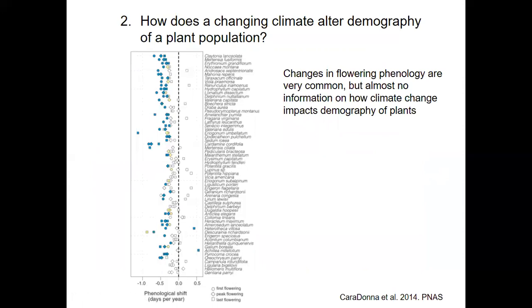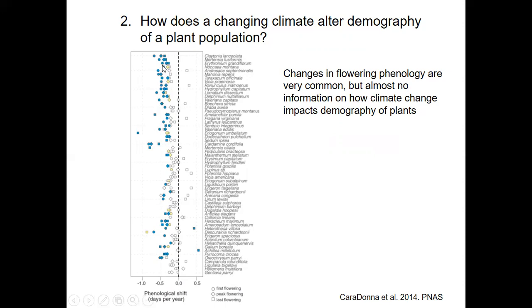So the second question, how does a changing climate alter the demography of a plant population? We know that with earlier springs, changes in flowering phenology are very common. So here, for example, is a whole community of subalpine plant species. This zero line would indicate a plant species that has not shifted its date of flowering at all.